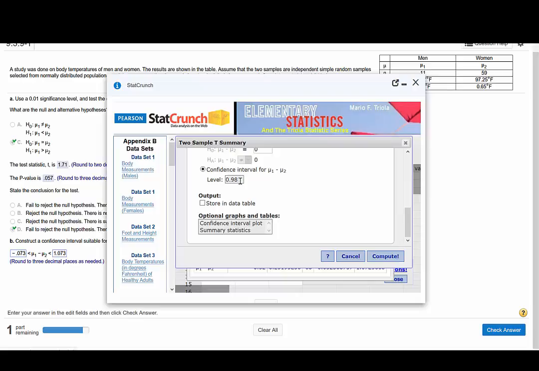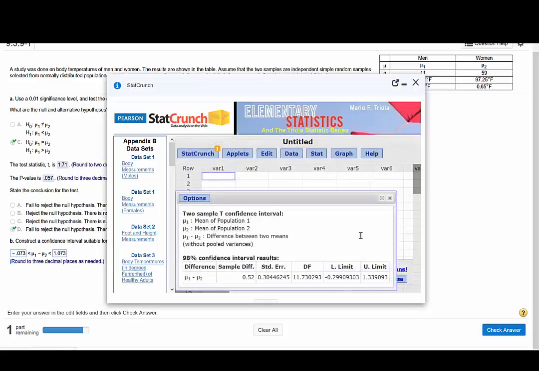If we want to construct a confidence interval with 0.01 in the upper tail, that means we would also have 0.01 in the lower tail, which means that our confidence level would then be 0.98. So we'll click Compute, and we'll get a lower limit of minus 0.299 and an upper limit of 1.339.